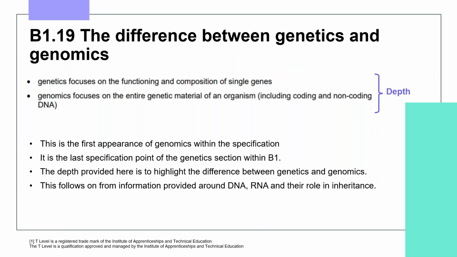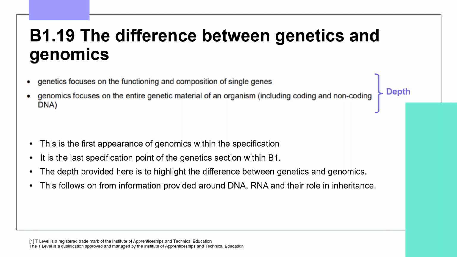So the first point at which genomics is mentioned is within the specification at B1.19, the difference between genetics and genomics. Now this is the last specification point within the genetics section of B1. And generally when interpreting the specification, the point in bold is the overarching learning point, and then any bullet points and sub-bullet points are the depth in which students need to understand.